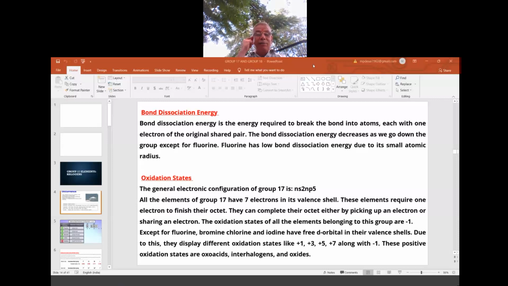So the last part was oxidation states. Because they want one electron, they accept one electron or they share one electron. That means minus 1 is the common oxidation state. Apart from minus 1, they show plus also. Plus oxidation states will be shown by other members, not by fluorine.